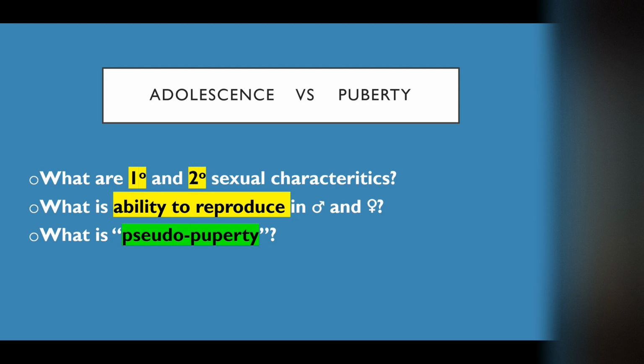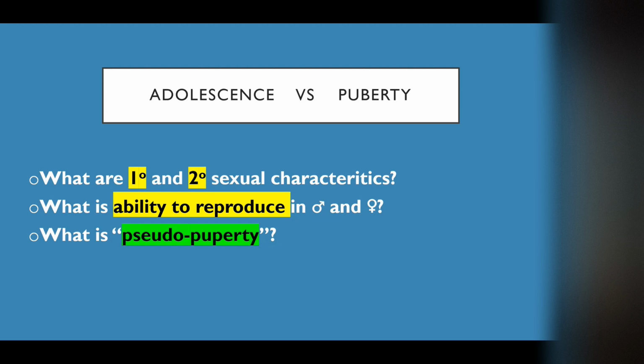Secondary are gender specific and are the result of your hormones, like testosterone and estrogens, things like beard, muscles, broad chest. And the ability to reproduce in males and females is spermatogenesis and ovulation. You need your mature ovum and mature sperm.